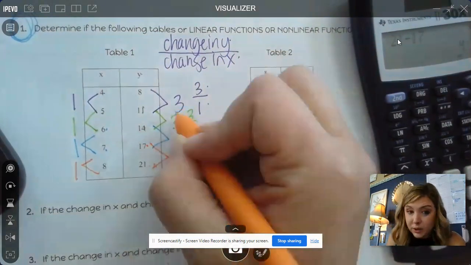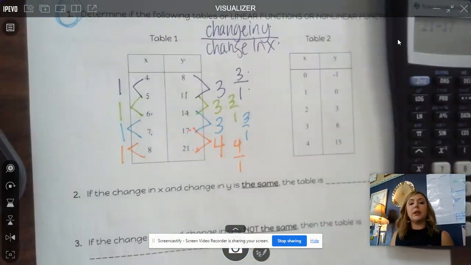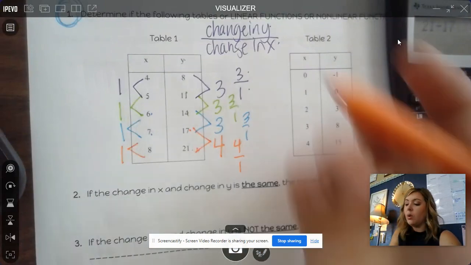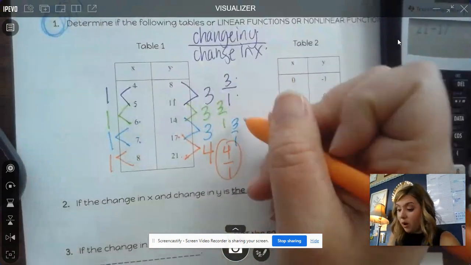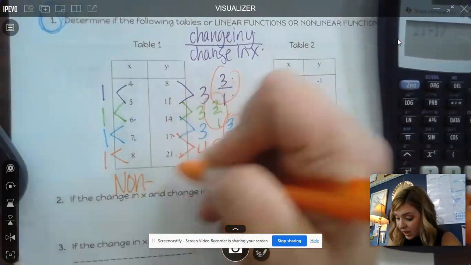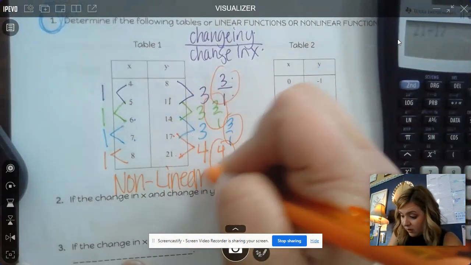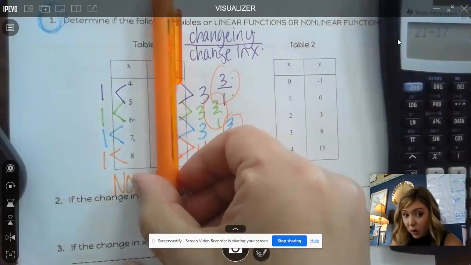So good thing we checked all of them, because this would be really close to looking like a straight line, and then it would end up being just one little hair off. Because of this one thing that's one off, it's not linear the whole way. So this would be considered a nonlinear function. It's still a function, every x has its own y.